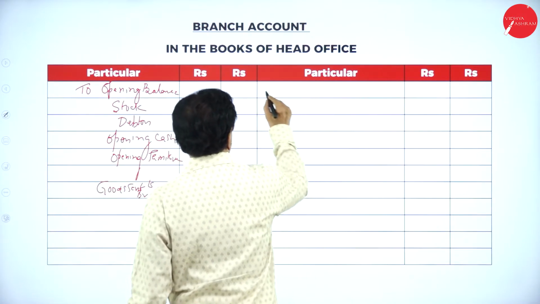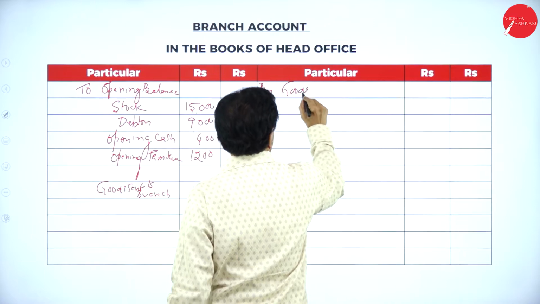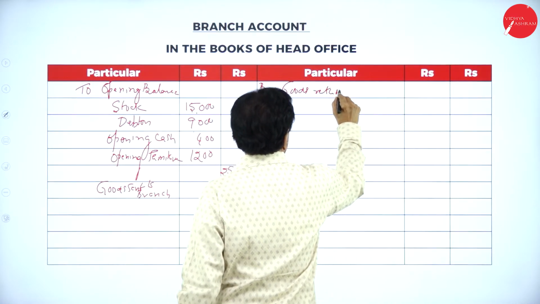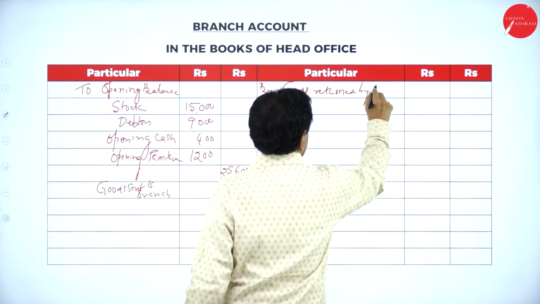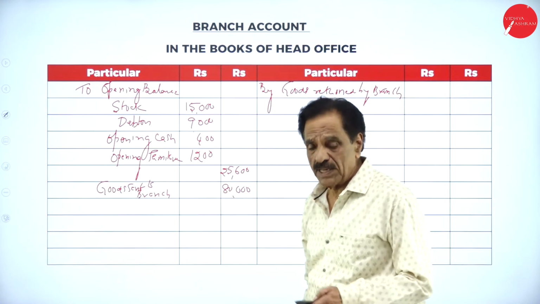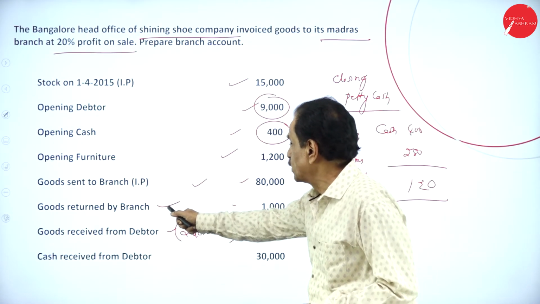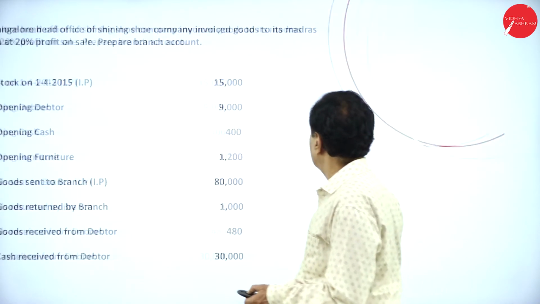By goods returned by branch. Goods sent to branch, how much? 80,000. Goods returned by the branch, how much? Goods returned by the branch, 1,000.